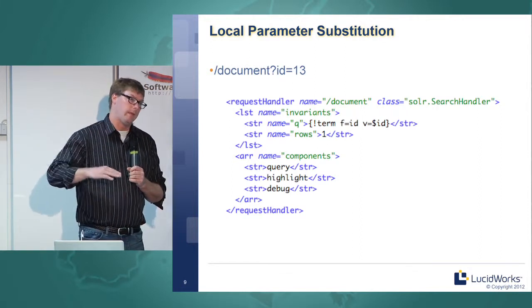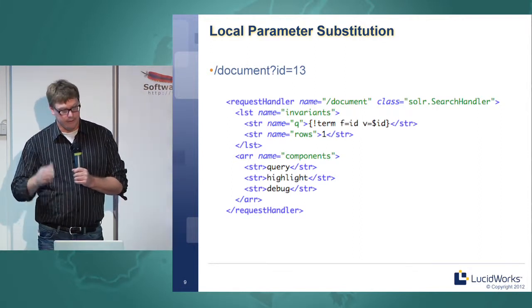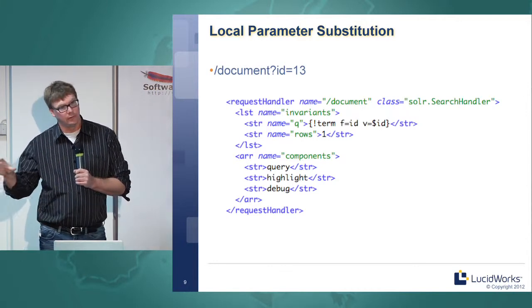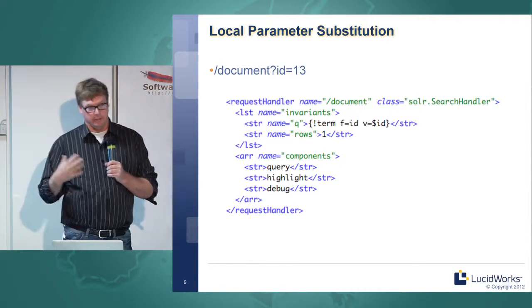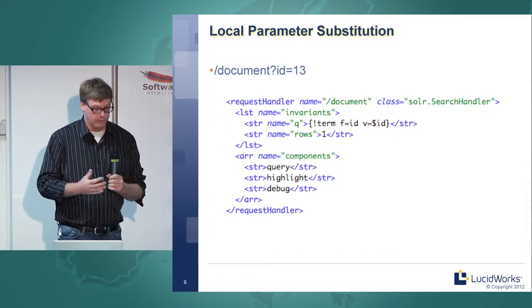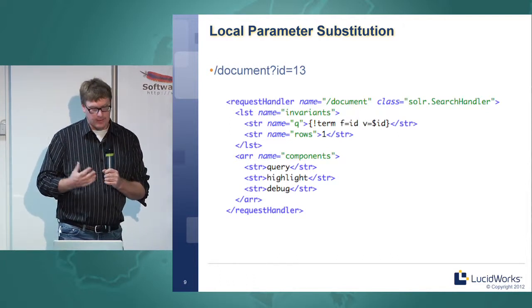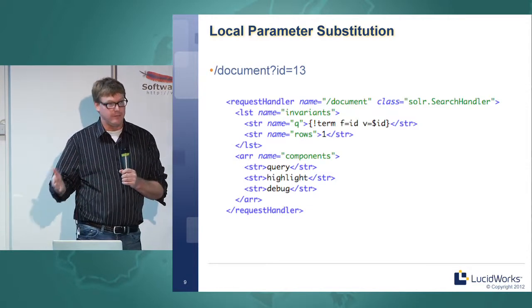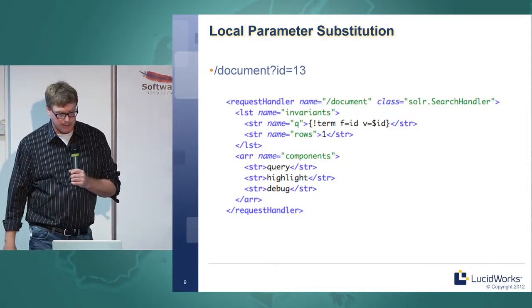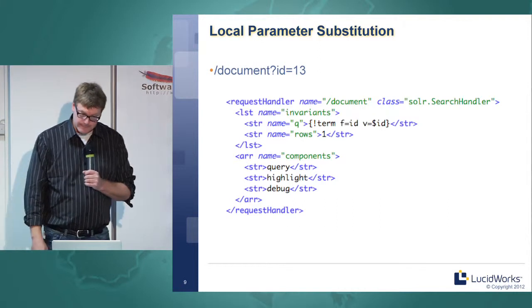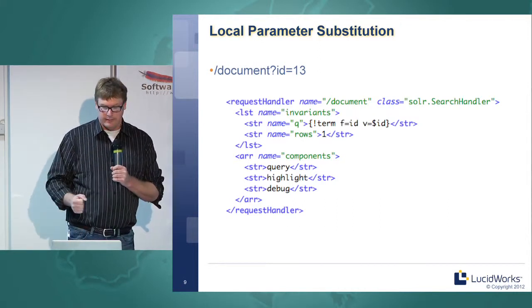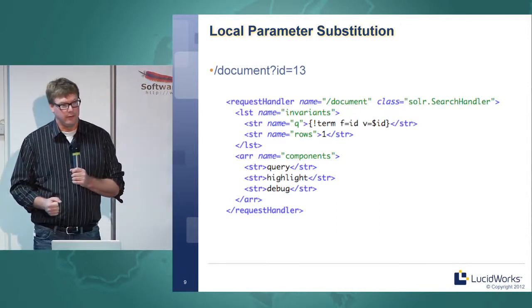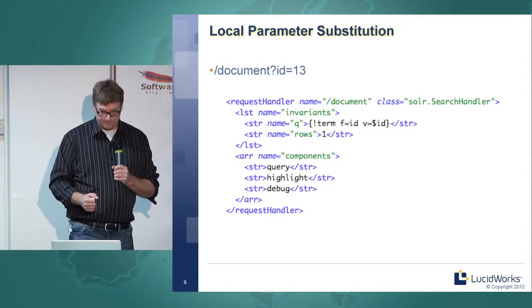I've defined the main query as a term query, and we'll see what the term query does in just a second, but if you know Lucene, it's simply a term query. And I've told it I want to use the field ID, so that's the f parameter, and the v parameter are built-in capabilities of the term query parser. And I've said that I want the value, the v parameter here, to be $id.